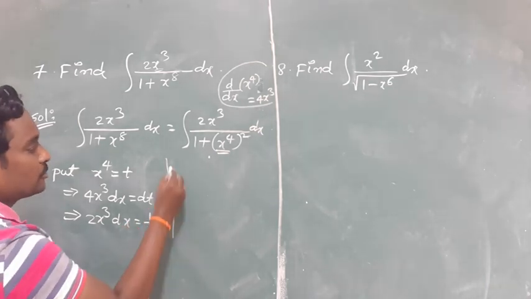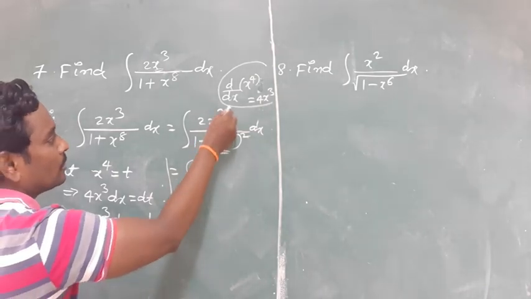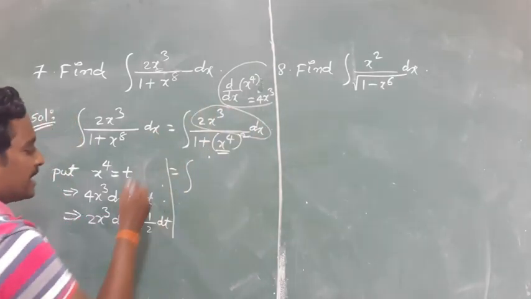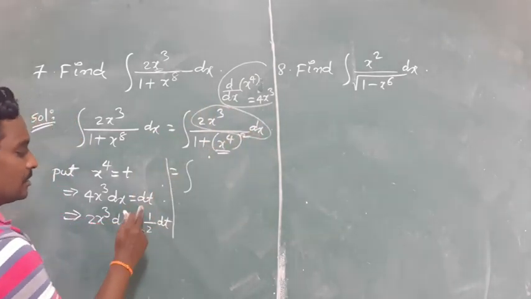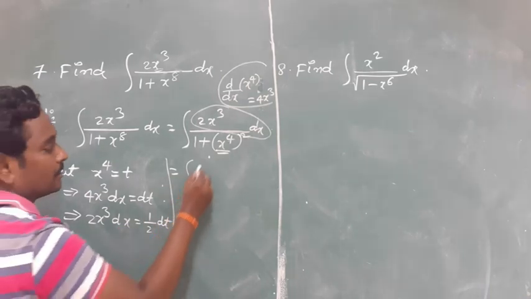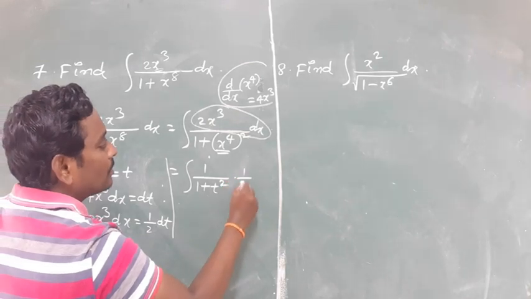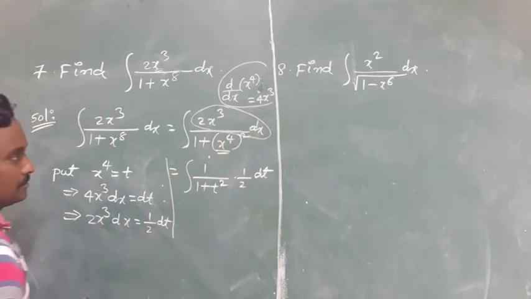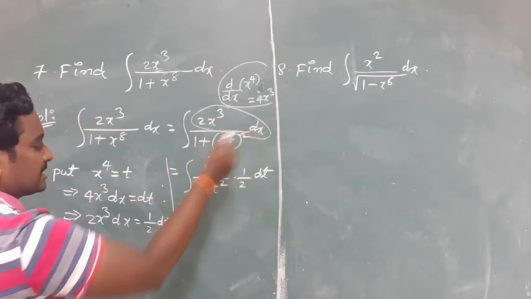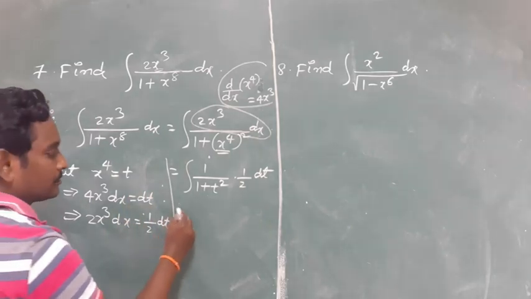So with these substitutions this problem becomes, whenever we have 2x cube dx you can replace it by 1 by 2 dt. So the above problem becomes 1 by 1 plus t square into 1 by 2 dt, because 2x cube dx is equal to 1 by 2 dt.